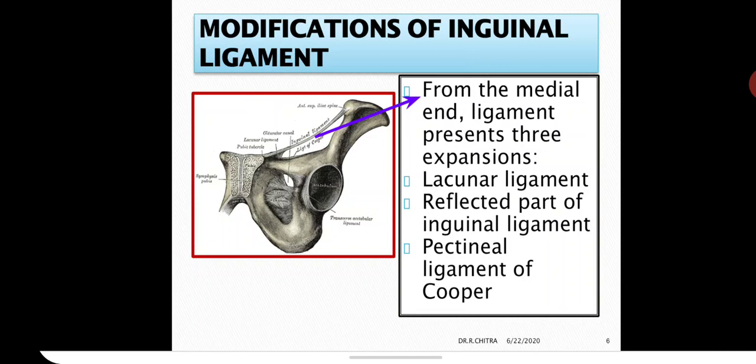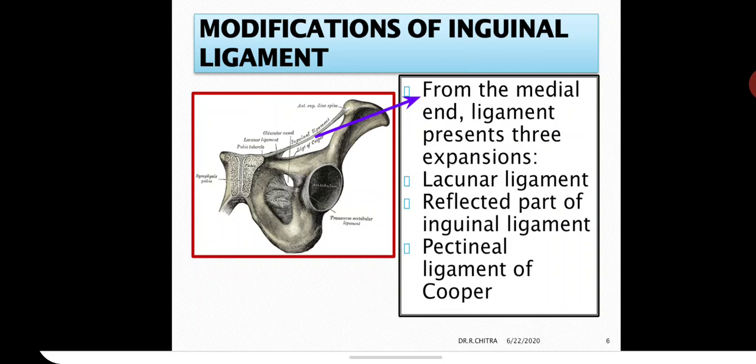It is triangular in shape. It extends backwards and upwards from the inguinal ligament, and it is attached to the medial part of the pecten pubis. That's the border of the superior ramus of the pubis.